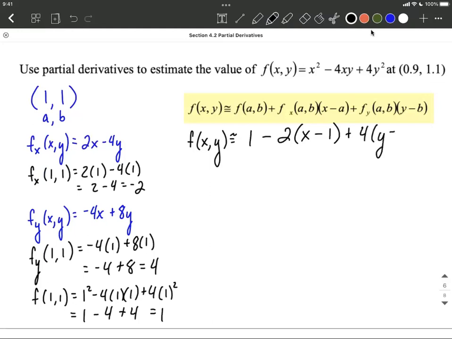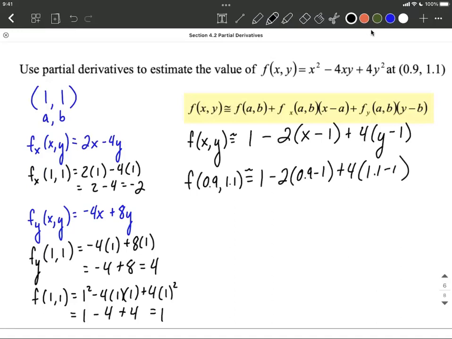And then y minus, we said b was also 1. Finally, to get our approximation, we wanted to find an estimate when we filled in 0.9 for x and 1.1 for our y. So that's 1 minus 2 times 0.9 minus 1 plus 4 times 1.1 minus 1.